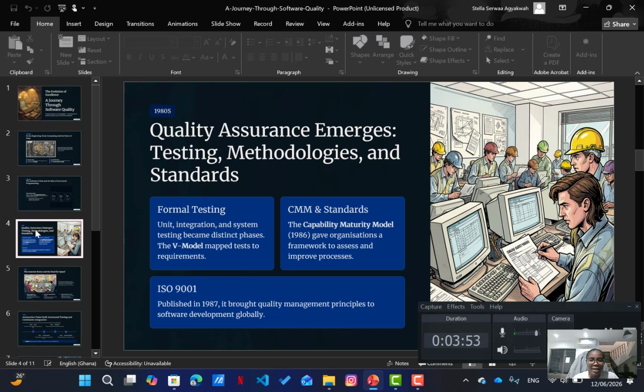Let's look at quality assurance emergence: testing, methodologies, and standards. During the 1980s, organizations realized that software quality could not depend solely on fixing problems after development. Formal testing methods were introduced.